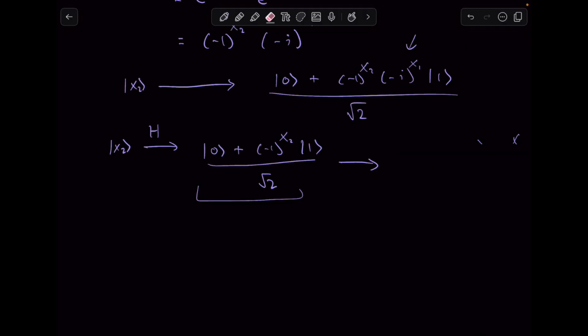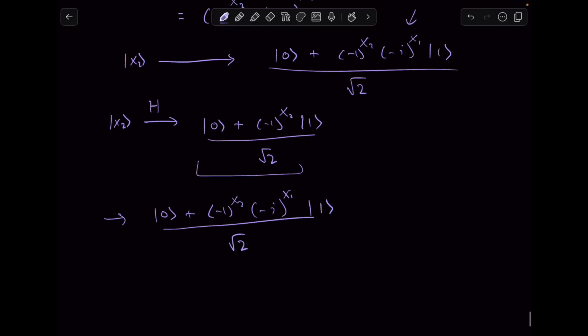As I'm running out of space, let me just rewrite this down here. x1. Okay. So how are we going to do this?